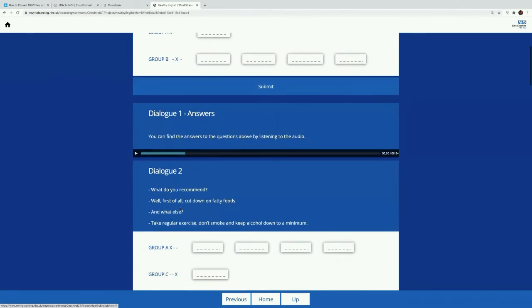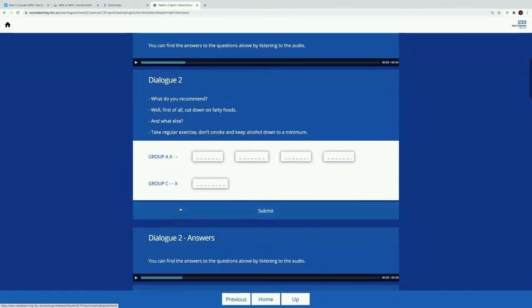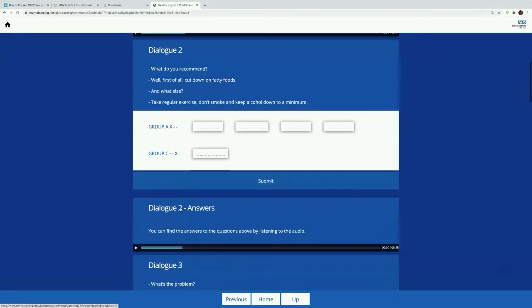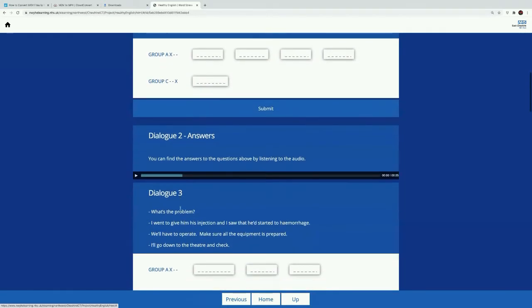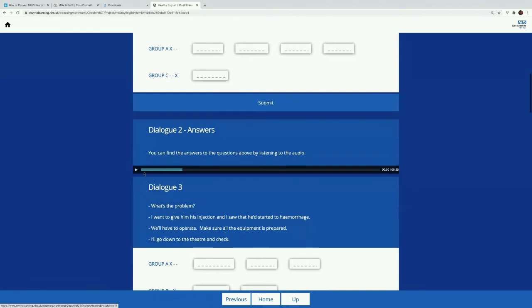This section, for example, has an accompanying audio so that we can practice by listening.